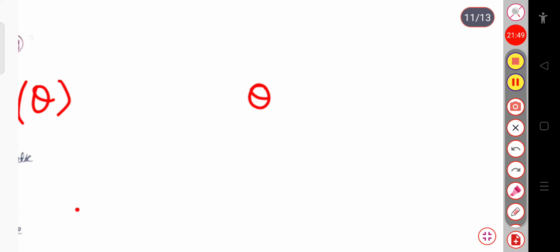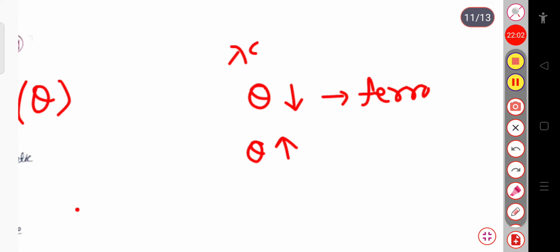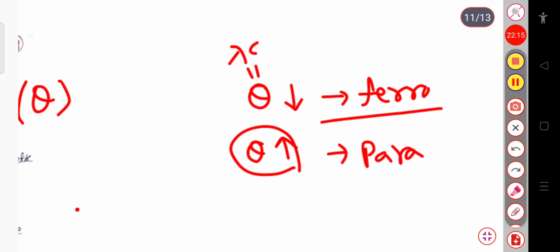So below the Curie temperature, it will behave like a ferromagnetic material, that is, it will show its original property. And above this Curie temperature theta, which is lambda into C, this ferromagnetic material will behave like a paramagnetic material.